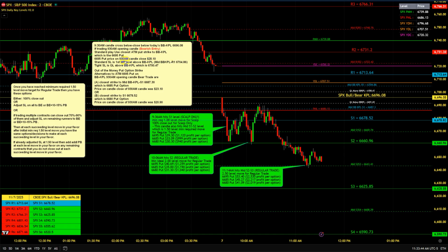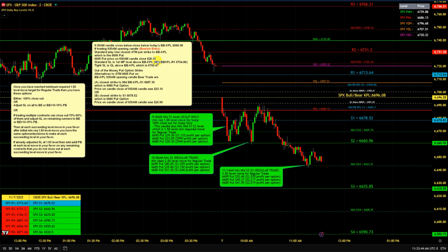Okay, so the candle close for the 66.95 put is 28.10. If you're not familiar with how options work, for the cost of buying one option, you take the price that you're paying and multiply it times 100. So in this case, the cost of one put option is going to be $2,810.